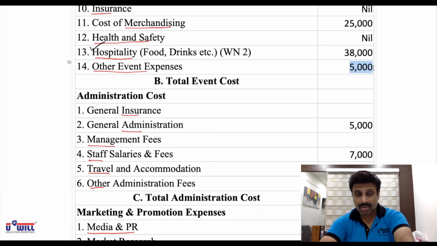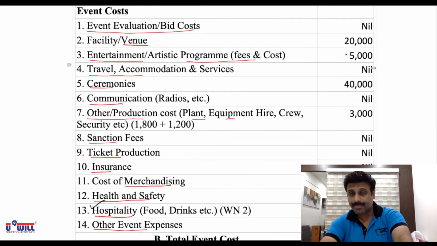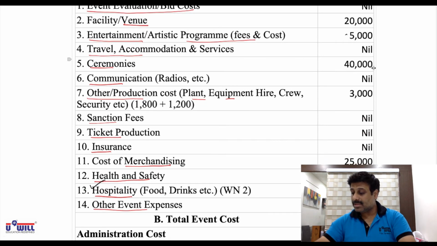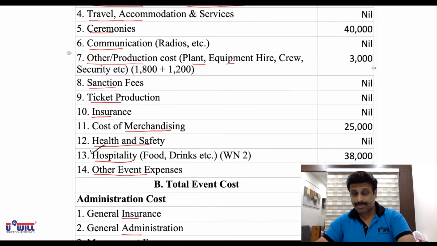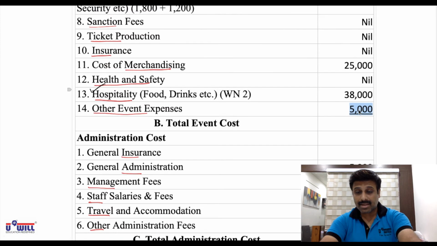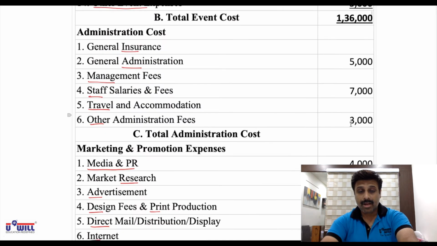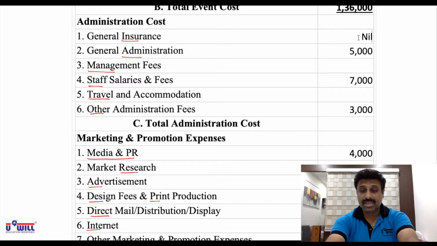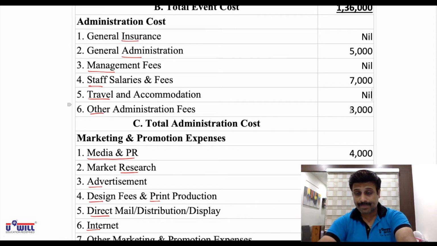So total amount, all of you do it. 20,000 plus 5,000 plus 40,000 plus 3,000 plus 25,000 plus 38,000 plus 5,000. So 1,36,000 is the total event cost. Now in administration cost, general insurance is nil, management fees is nil, then travel and accommodation is nil.